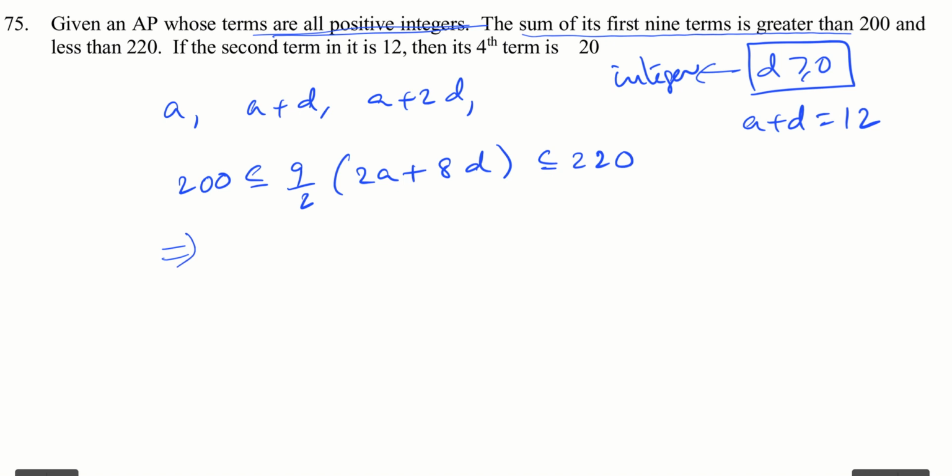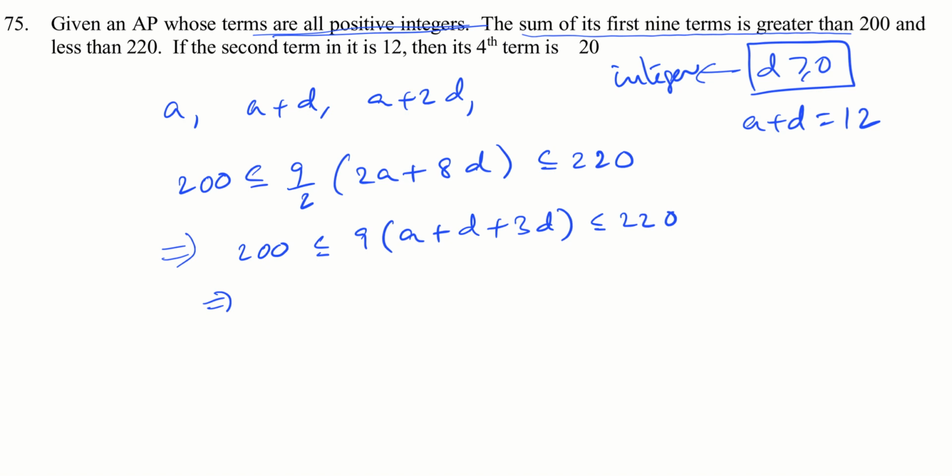Now I get from this 200 is less than or equal to 9 into (A plus D plus 3D) less than or equal to 220. So from this I am getting 200 by 9 less than or equal to A plus D, which is 12, plus 3D, less than or equal to 220 by 9.